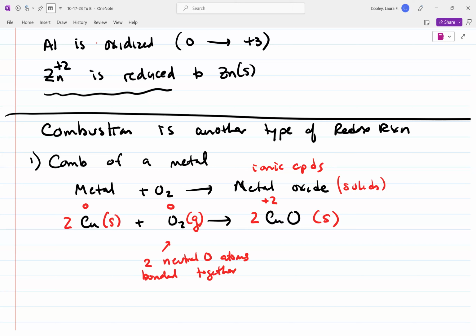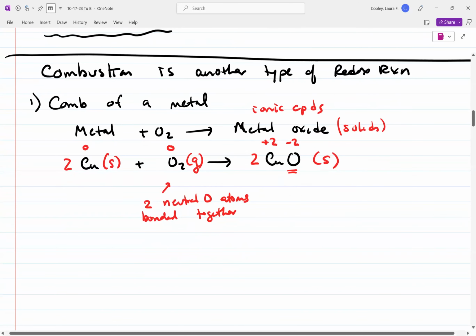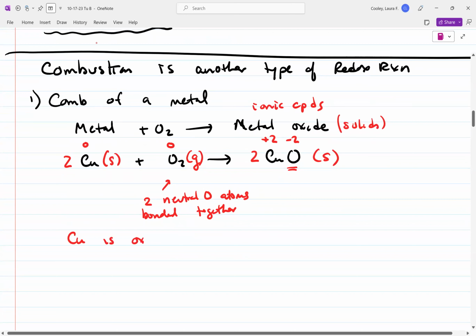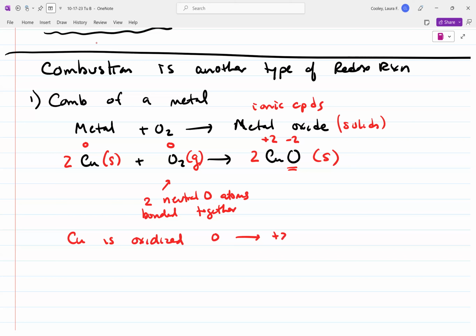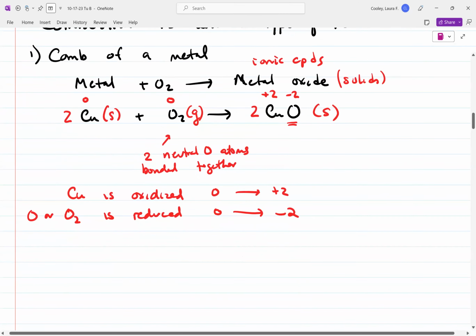And what is the charge on an oxygen in copper oxide here? -2. So copper is oxidized from 0 to +2. Oxygen is reduced from 0 to -2. Or you could write O2 is reduced. Either one is fine.